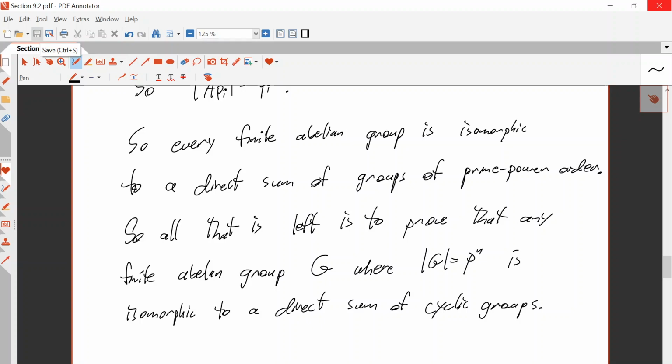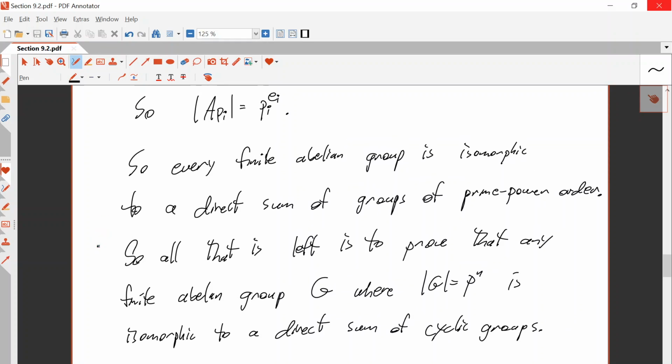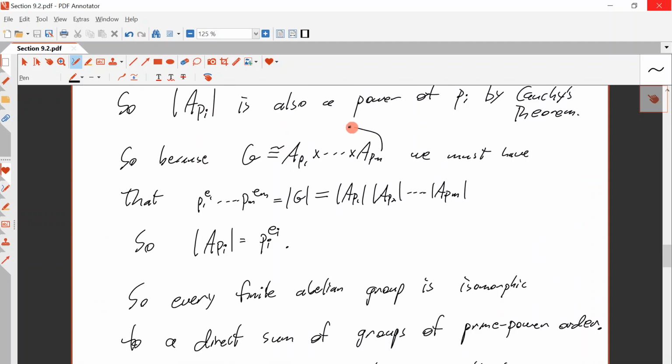Right, we have that any finite abelian group is isomorphic to a direct sum of groups of prime power order, right there. G is isomorphic to these A_Pi, and each A_Pi has prime power order. So now if each one of the A_Pi is a direct sum of cyclic groups, then the whole thing is a direct sum of cyclic groups.